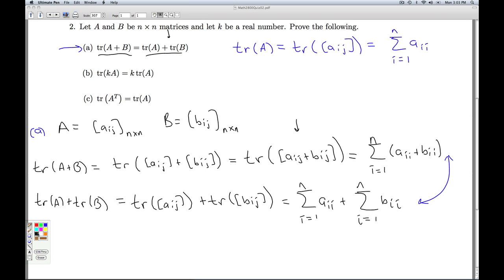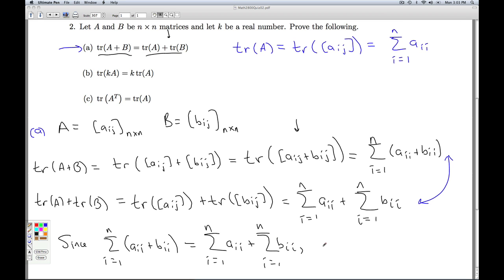Since the sum i equals 1 to n of a_ii plus b_ii is the same as the sum i equals 1 to n of a_ii plus the sum i equals 1 to n of b_ii, we have the answer. The trace of A plus B is in fact the same as the trace of A plus the trace of B, and that's what we wanted to show. So that'll do it for 2A.